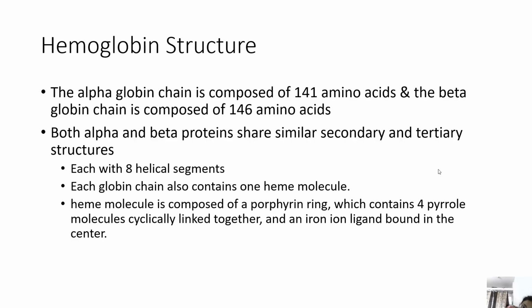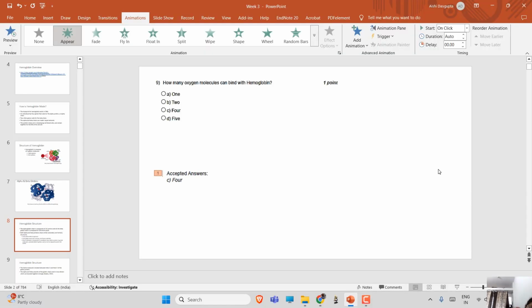Both alpha and beta proteins share similar secondary and tertiary structures, each with 8 helical segments. Each globin chain also contains 1 heme molecule. The heme molecule is composed of a porphyrin ring, which contains 4 pyrrole molecules cyclically linked together, and an iron ion ligand bound in the center.